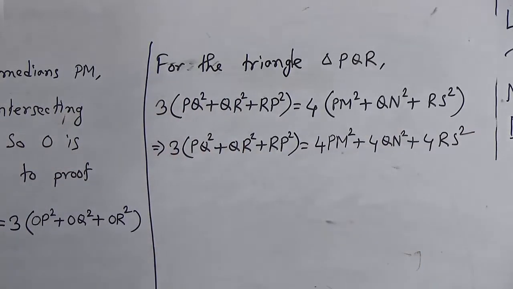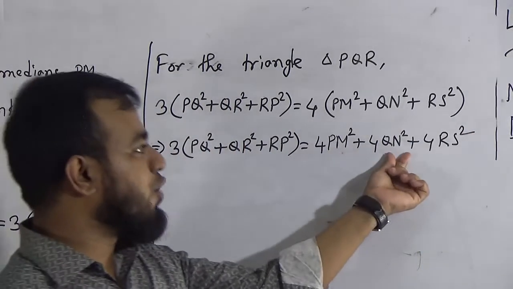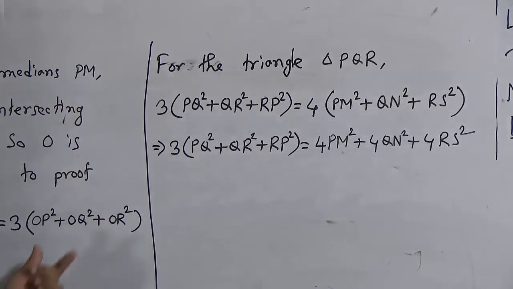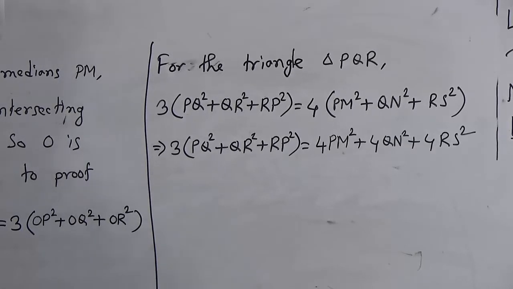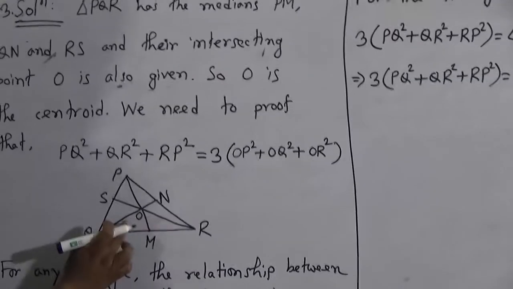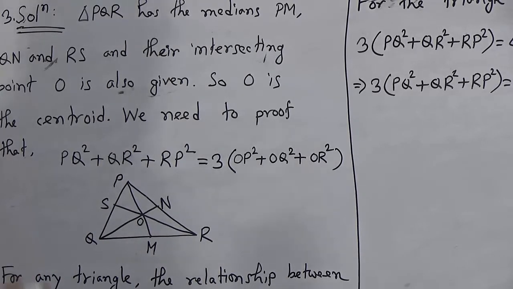Now we need to find the value of PM, QN and RS, because on the right side we need only OP, OQ and OR. But my dear students, we already identified that O is the centroid. Because O is the centroid, O divides all the medians in the ratio 2:1.